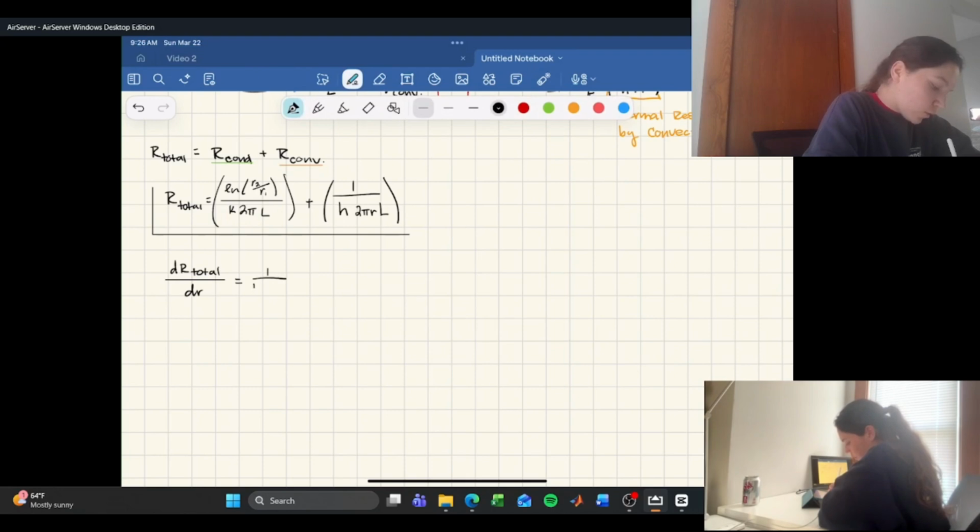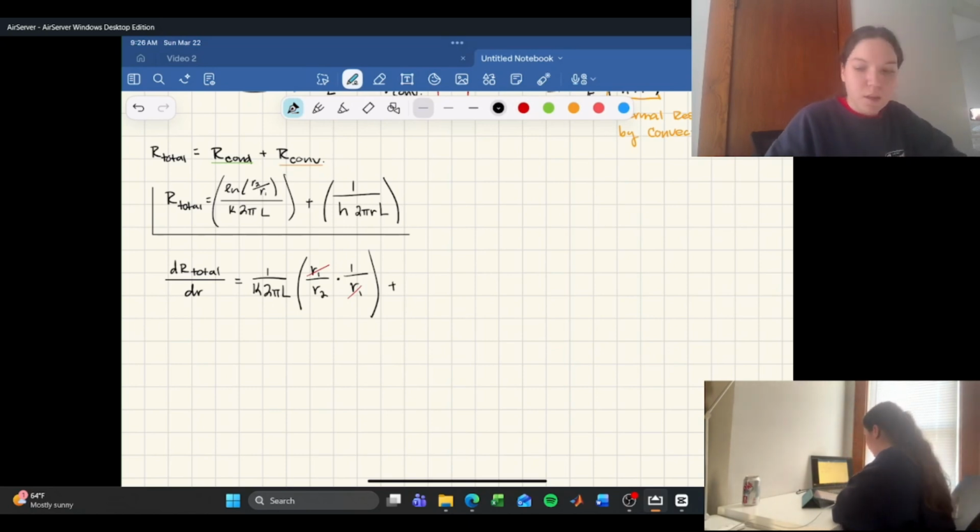So it's going to be 1 over the thermal conductivity times 2 pi times the length. This is going to be multiplied by R1 over R2, and this is going to be using the product rule, like that. Eventually these cancel out as well, but that's the derivative of the resistance by conduction.